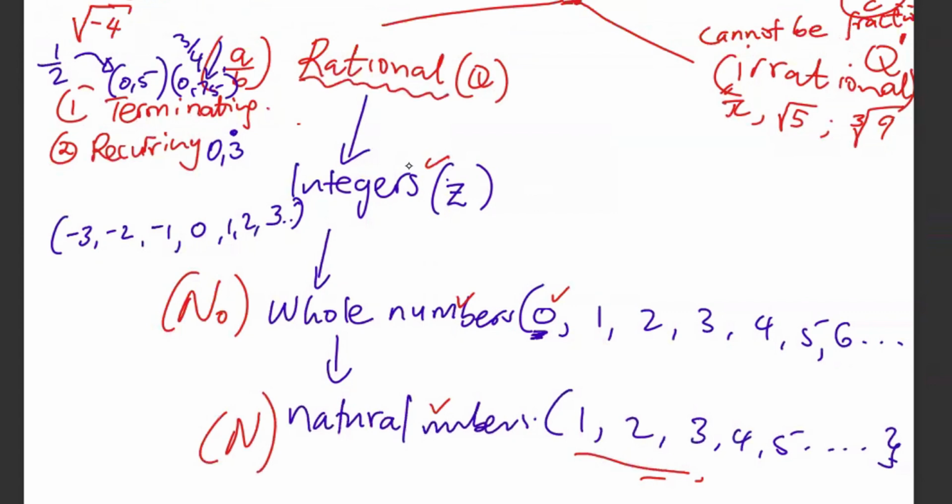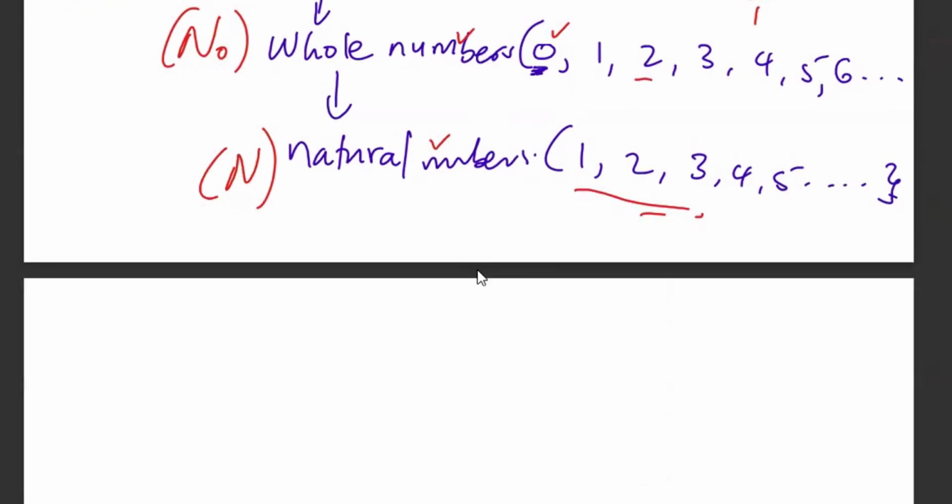They automatically become rational because a whole number, let's say 2, can be expressed as a fraction, which will be 2/1. 4 can be expressed as 4/1, and so on. So natural numbers, whole numbers, integers, all of them can be written as fractions, not forgetting the terminating as well as the recurring types.